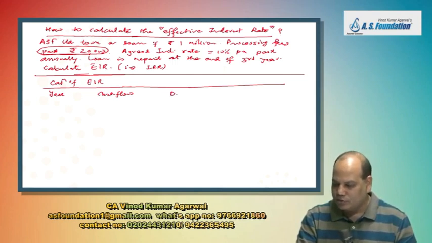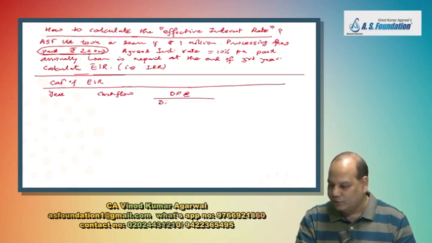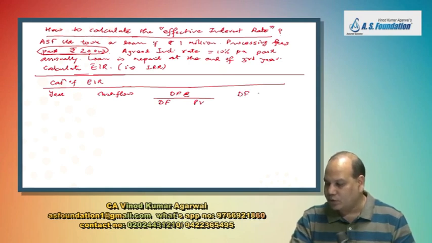So under that, two columns: discounting factor and present value. Then we'll take one more, a higher rate, depending upon whether we get positive or negative net present value.